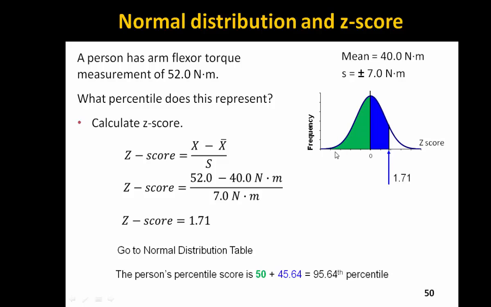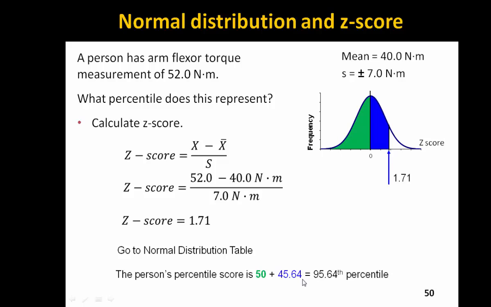These were not negative values in Newton meters. These were just values that were less than 40 Newton meters. And the blue area represents all of the scores between the average and the person's z-score of 1.71.